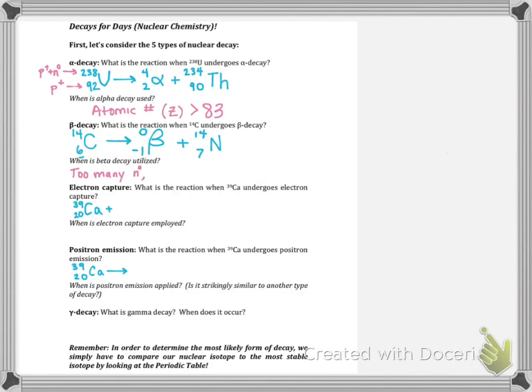The way we can figure out if something has too many neutrons is if the mass number is greater than what's on the periodic table for that element. If the mass number is bigger than what's on the periodic table, that must mean it's too heavy, because the periodic table tells us about the most stable form of an element.